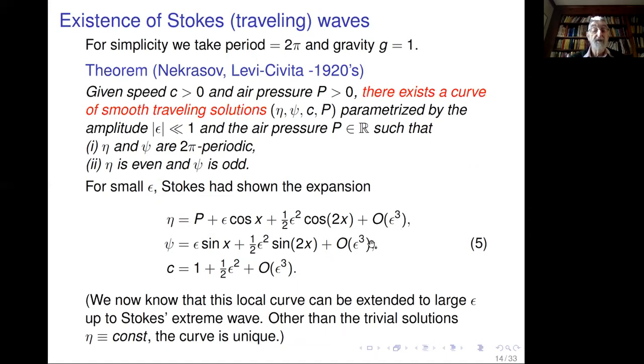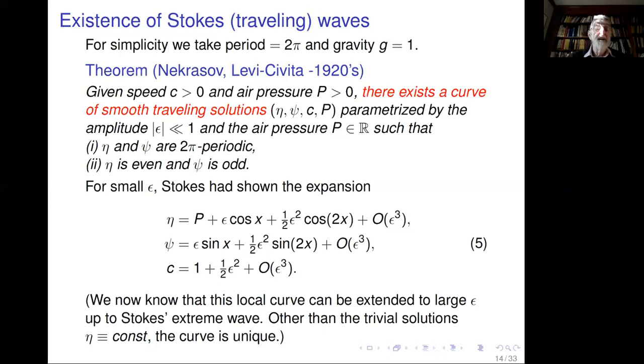See, the errors are all higher powers of epsilon. c is the speed of the wave. So we're talking about a Stokes, a traveling wave with speed c. So c also varies with epsilon.